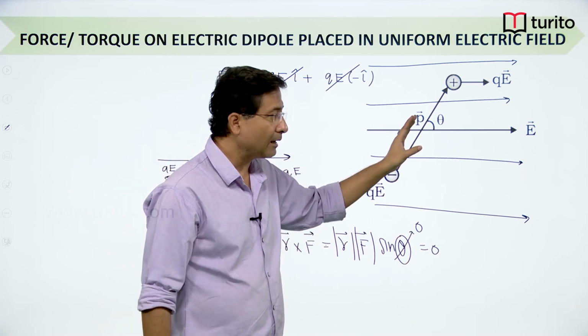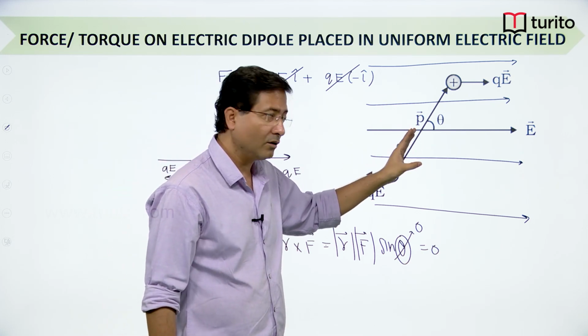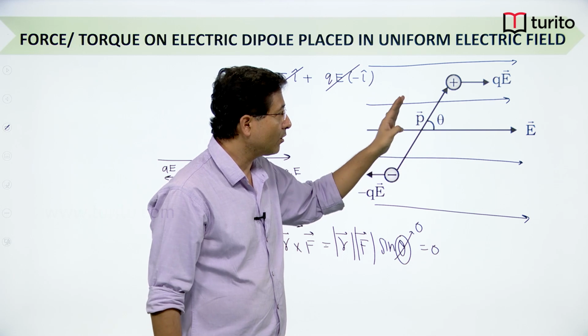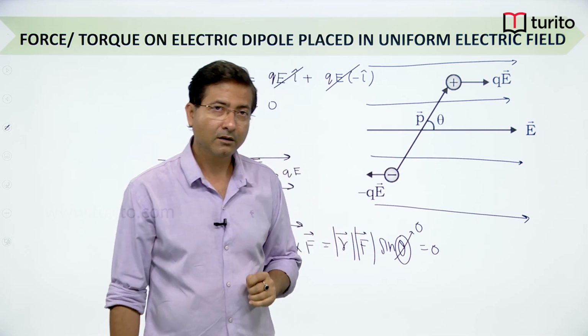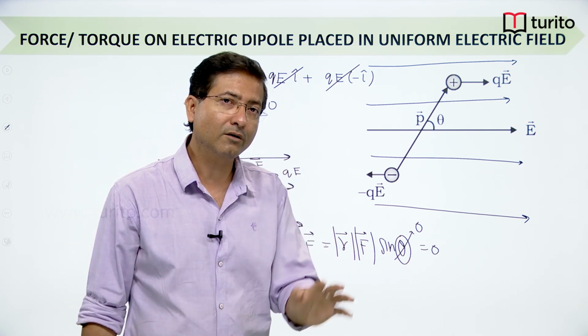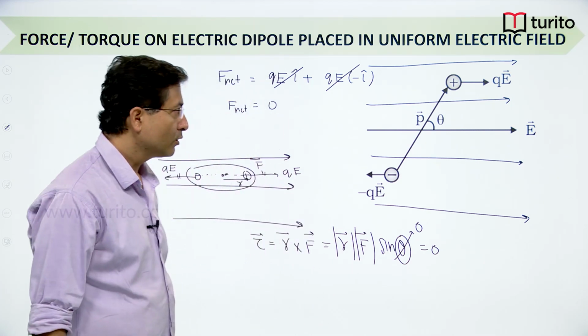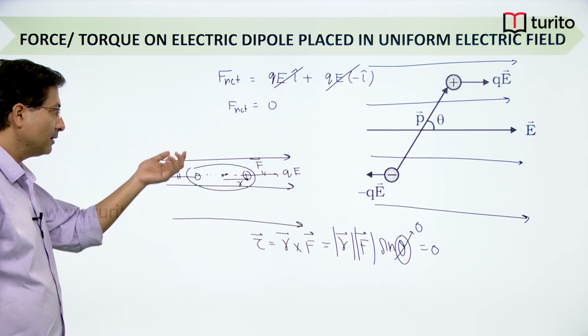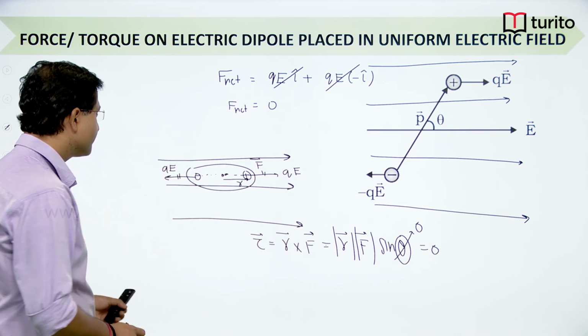Net force on dipole at this moment is 0, but net torque on dipole at this moment is non-zero. So torque may or may not be 0, but force will always be 0, right? On what factor will torque depend? Let's figure out.